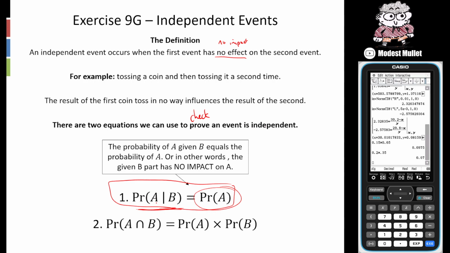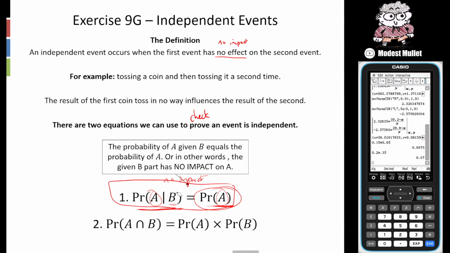The probability of A given B has occurred is just equal to the probability of A. This has no impact. The probability of A given that B has occurred should still just be equal to the probability of A because B has effectively no impact.